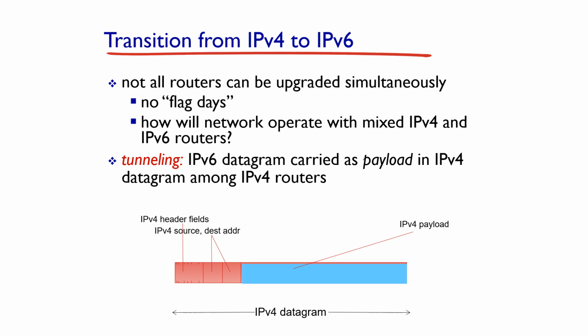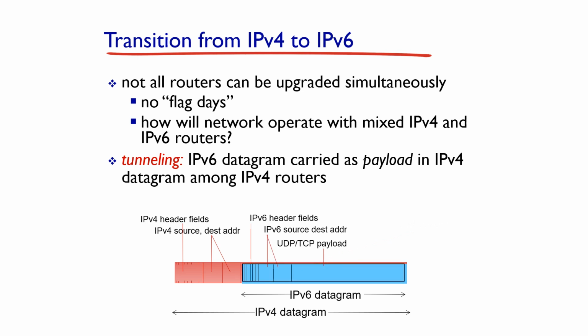So in this transition period, we should be able to cope with both versions, IPv4 and IPv6. The solution for this is a process called tunneling. That is, we integrate the higher version IPv6 inside IPv4, and IPv4 is the actual packet moving through the network.